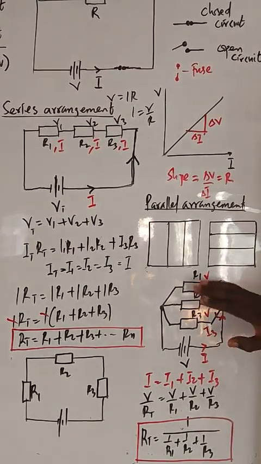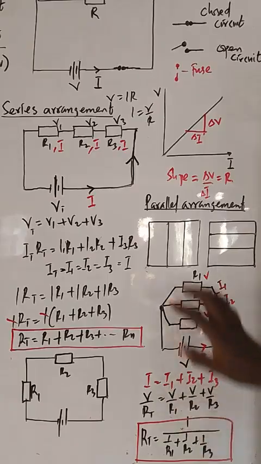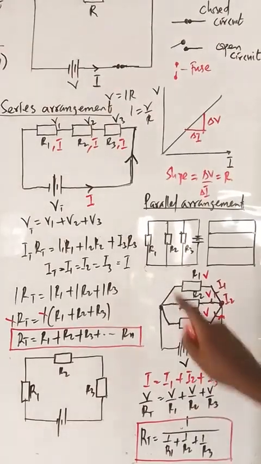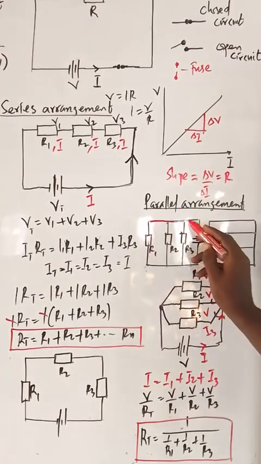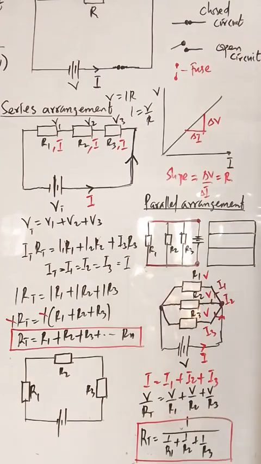And note, the circuit for parallel arrangement is not always going to be like this. You can also have another arrangement. Let me draw it here. All these three are still in parallel. So this is the node, the common node to them, to the terminal of this cell. So they are in parallel.